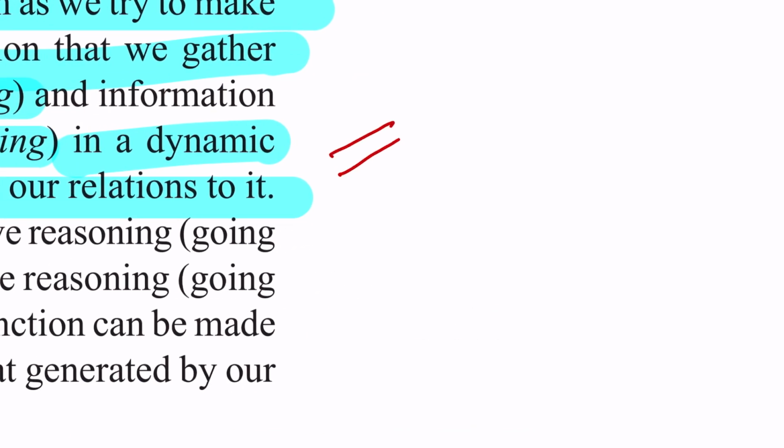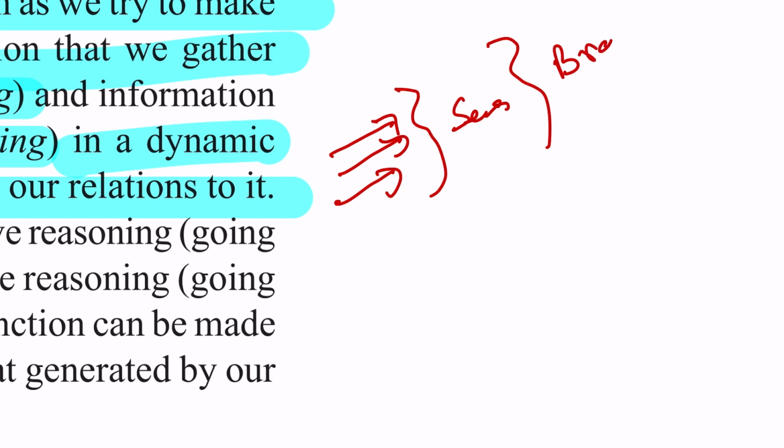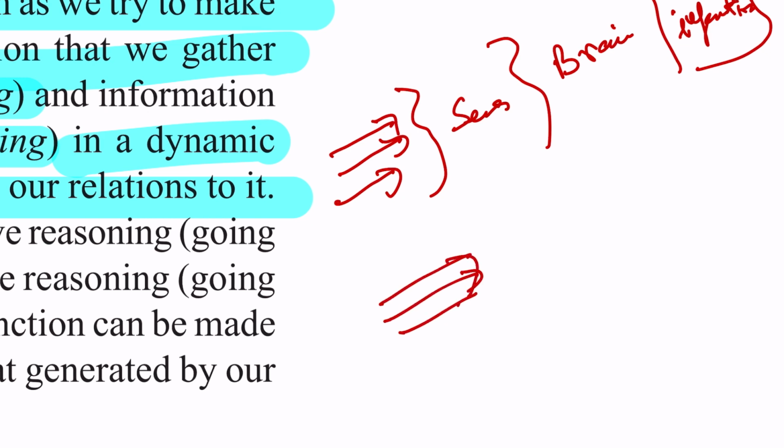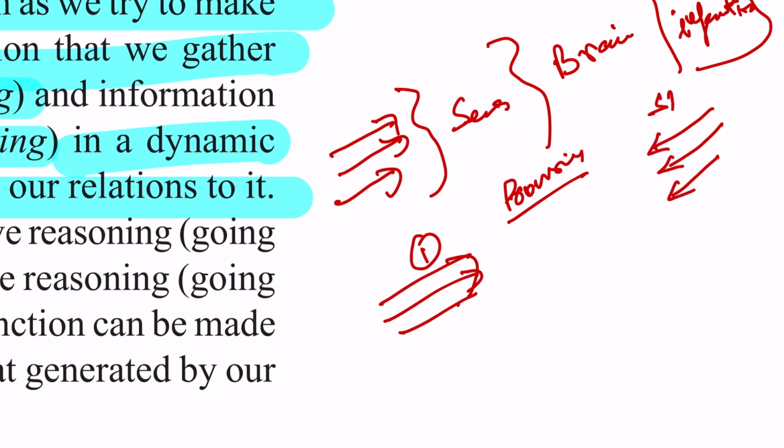Suppose you are getting some information from the environment through your senses, and that goes to your brain, and the brain also stores some information that you have learned earlier. So you get this information, and from the senses your brain starts processing, making sense of this information. And it makes sense because you have certain stored information.